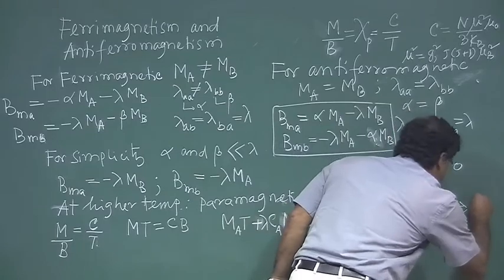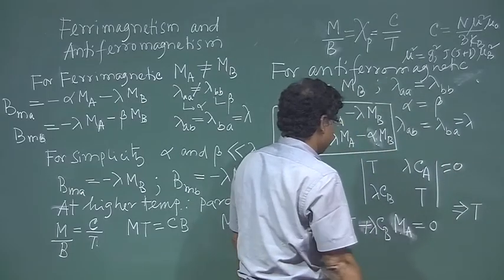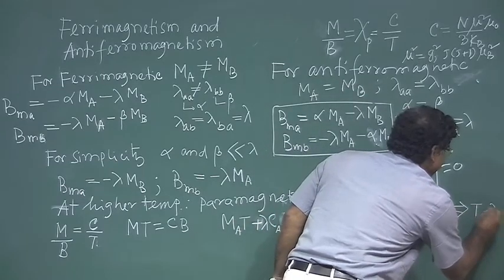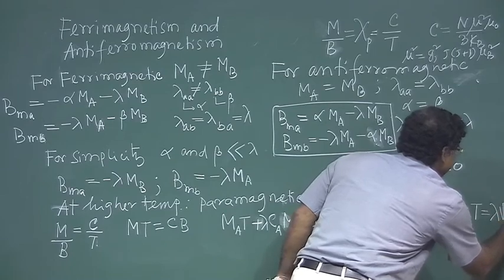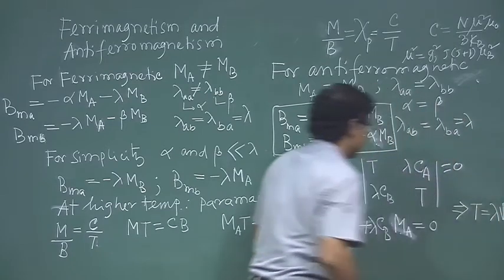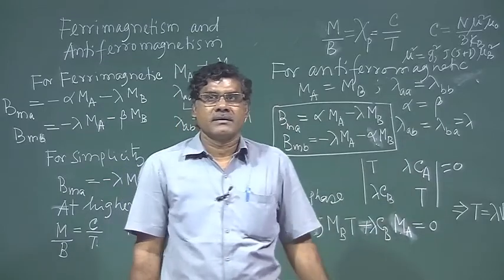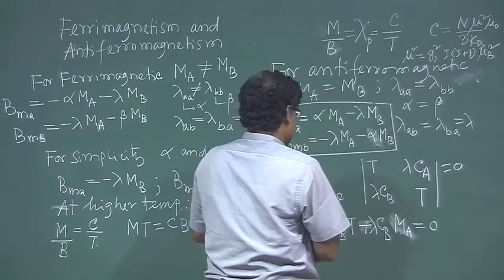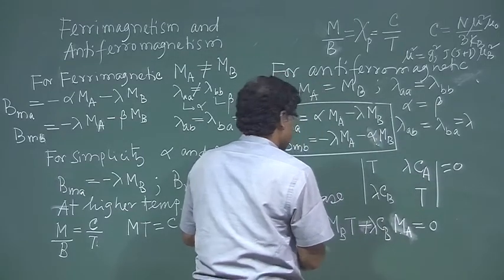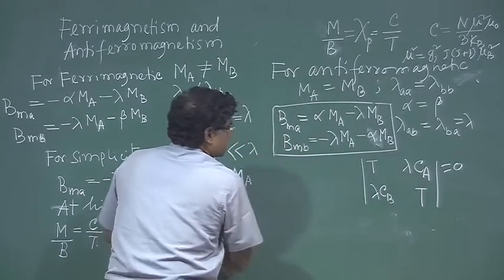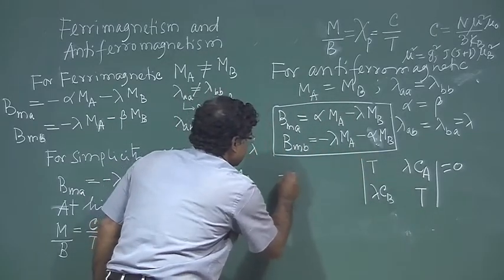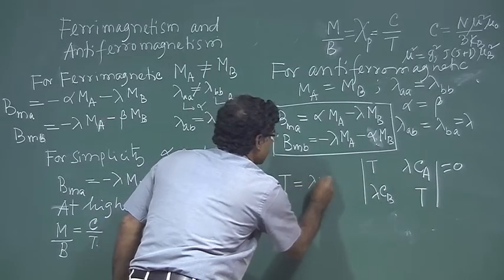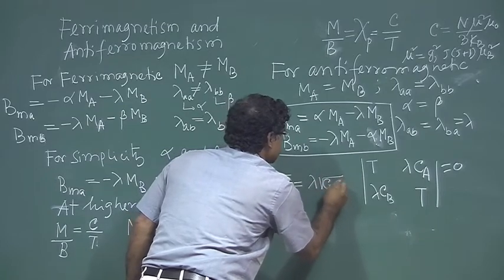From here I will get T equal to lambda square root of C_A C_B, right. So, this will give you T square equal to this square, so T equal to lambda square root of C_A C_B.